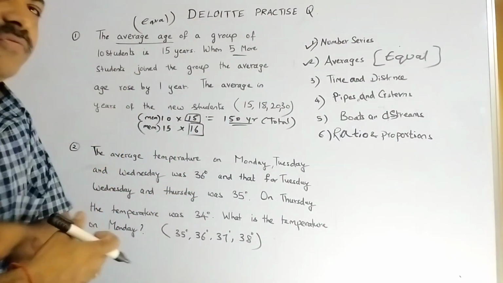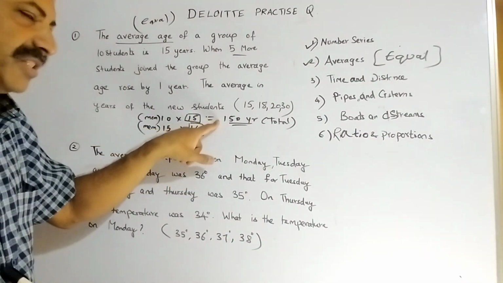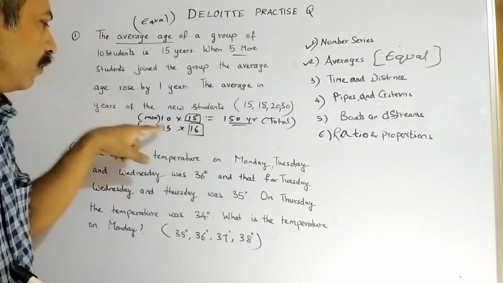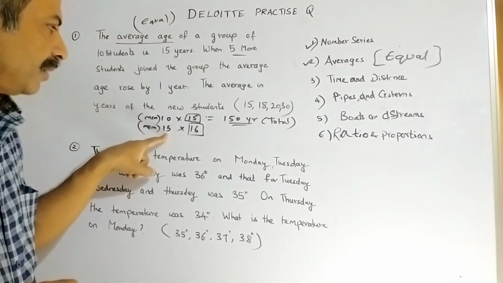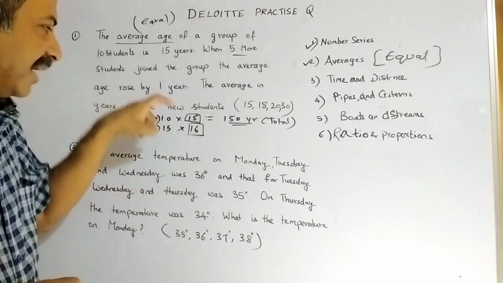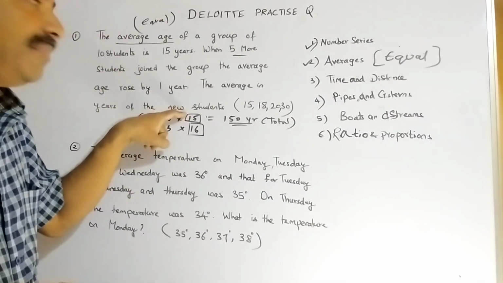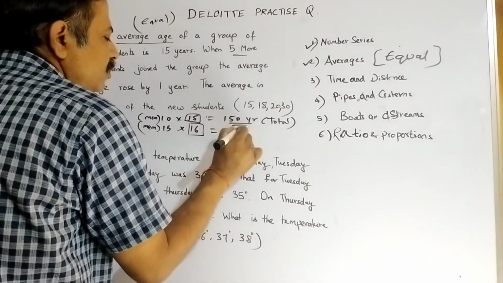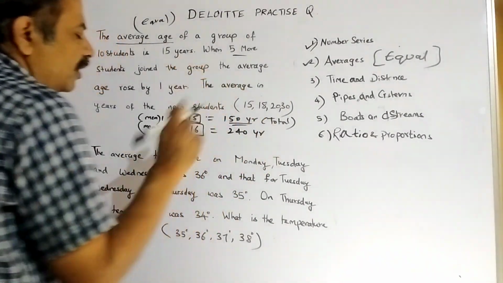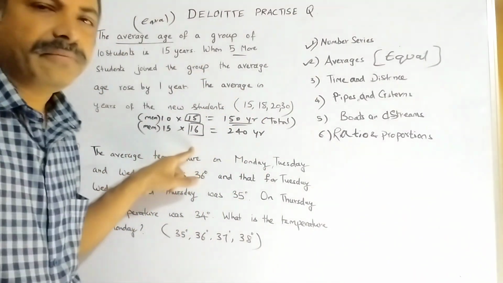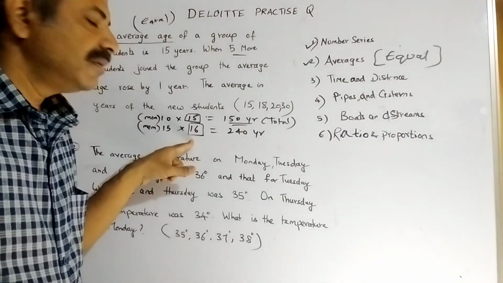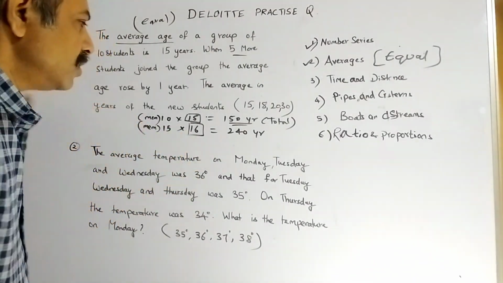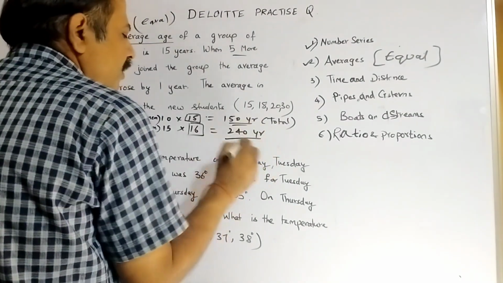So 10 into 15, we get 150 for 10 members. Now 5 members were added, so the average rose by 1 year. The actual average was 15, and rising by 1 year means it became 16. So 15 into 16 is 240.